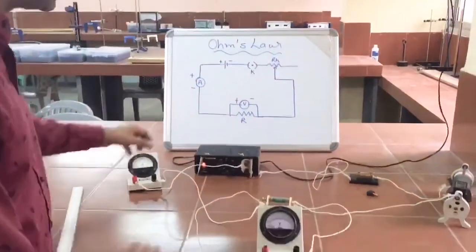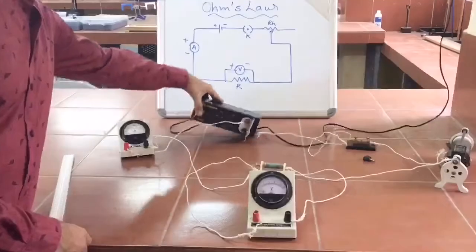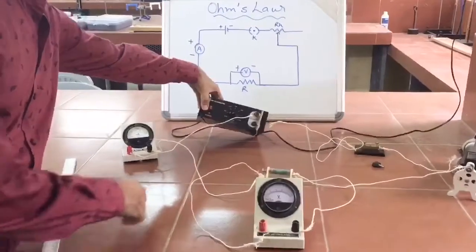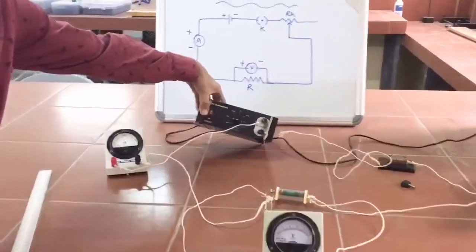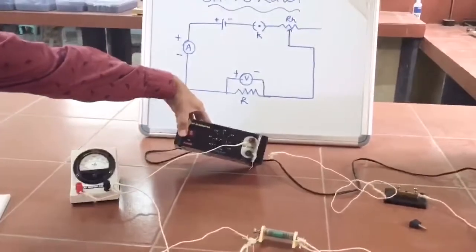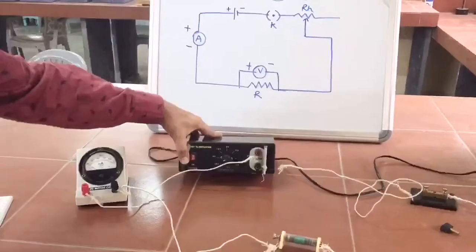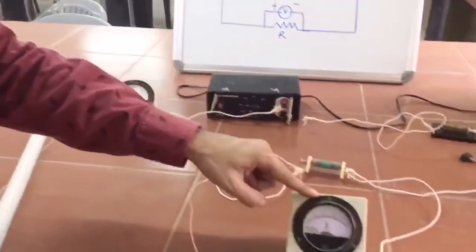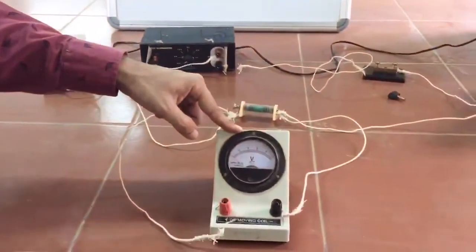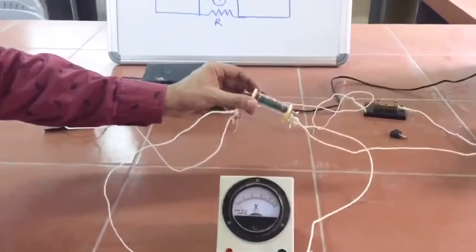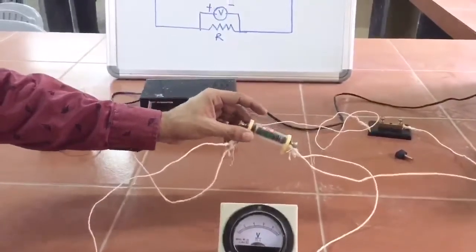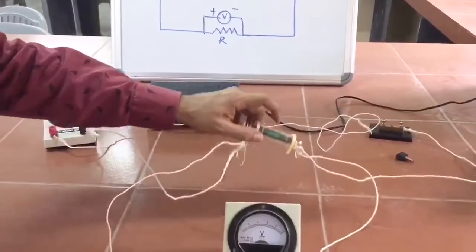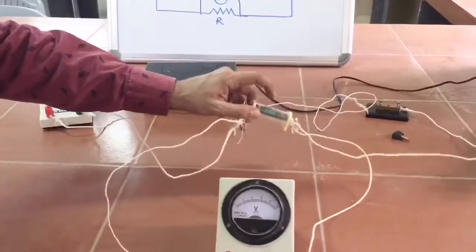First of all, this is the battery eliminator. It has a maximum range of 12 volt. Then there is a milliammeter for measurement of the current. This is a voltmeter for measurement of the potential difference. This is the resistor, and we have to find the value of this resistance experimentally.